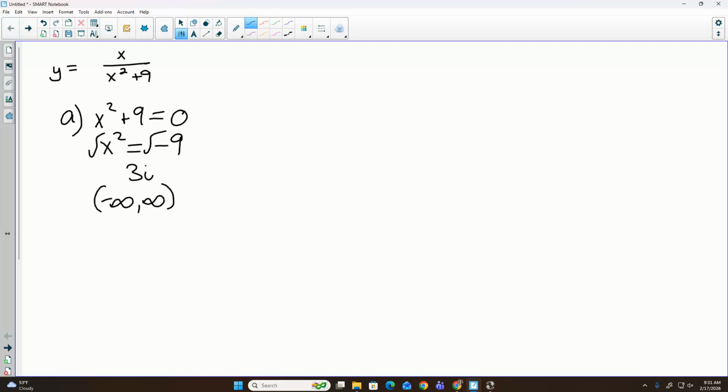So x and y intercepts. For the x-intercept, you're going to set y equals 0, multiply that off the bottom, and then x is just going to equal 0.